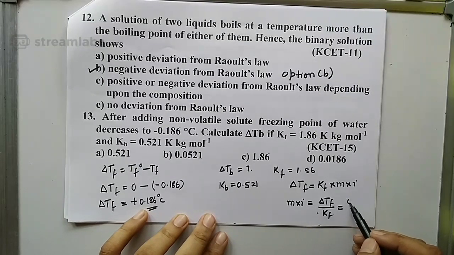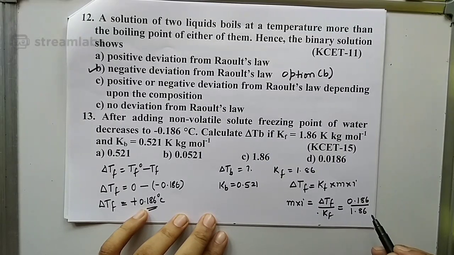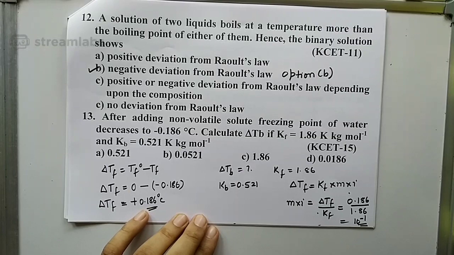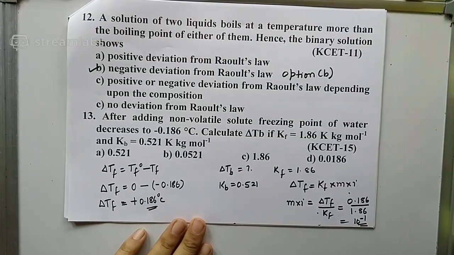We got it as 0.186 divided by KF value, which is 1.86. So this is equal to 10 to the power of minus 1. Is it clear, students?